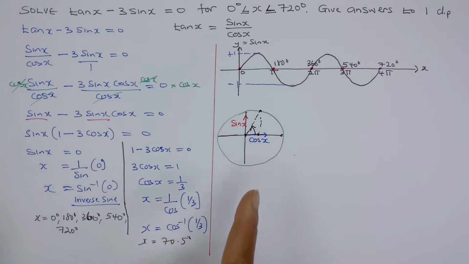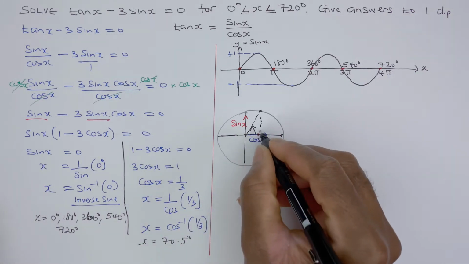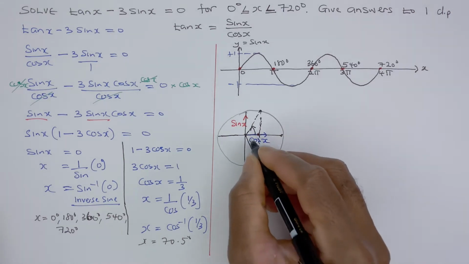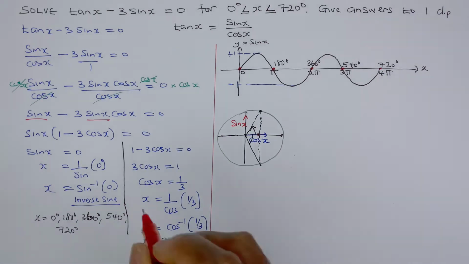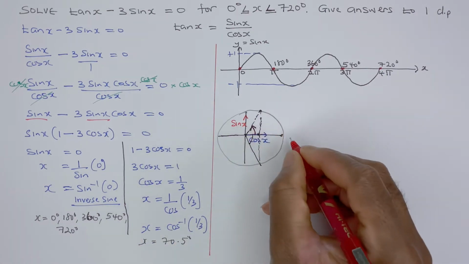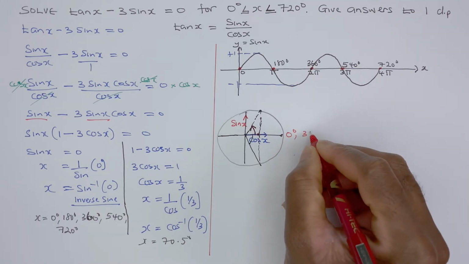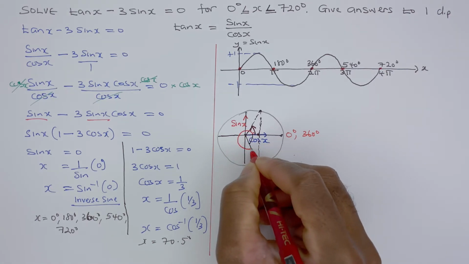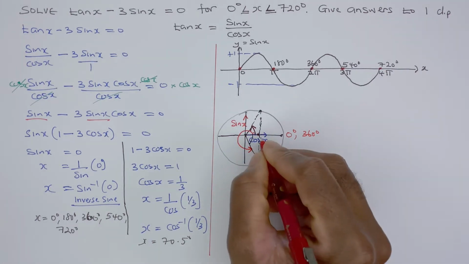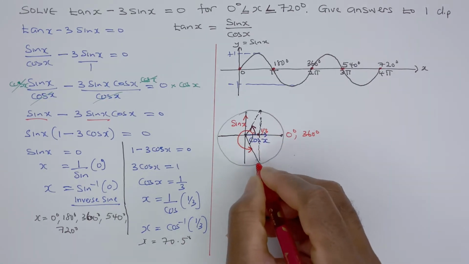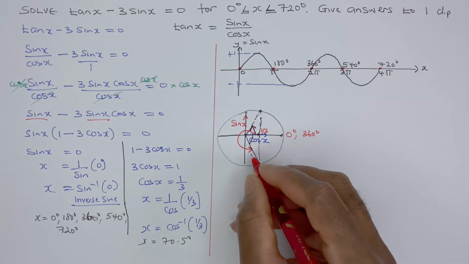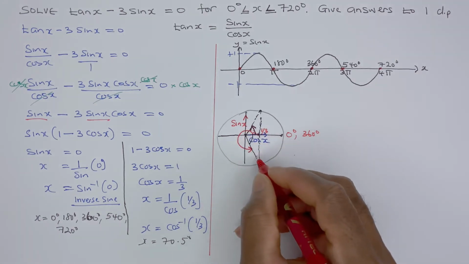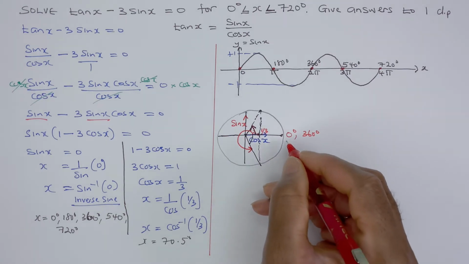And the other angle will be, if I extend that down to that point there, that other angle here. So I go from 0 to 70.5, and then back to 360 degrees. The second point will be all the way to here. Remember, this is 1/3 here. So that would be 70.5 short of 360 degrees.